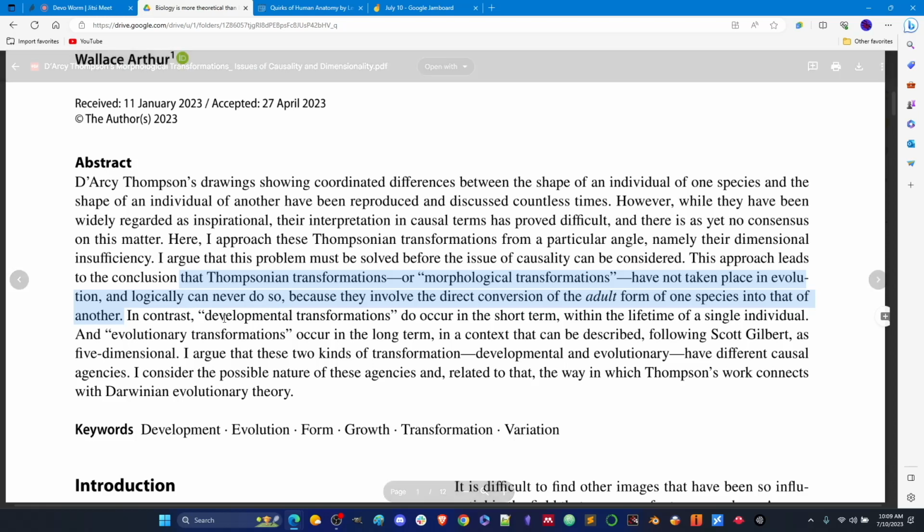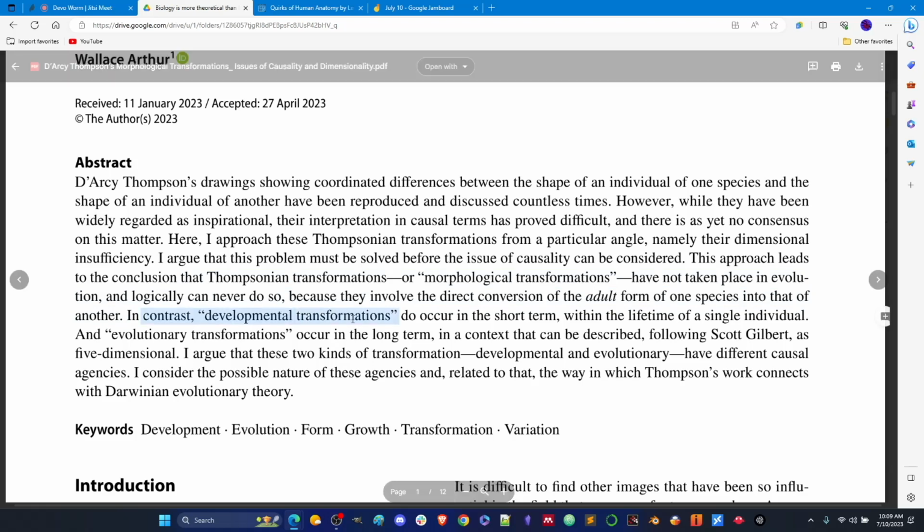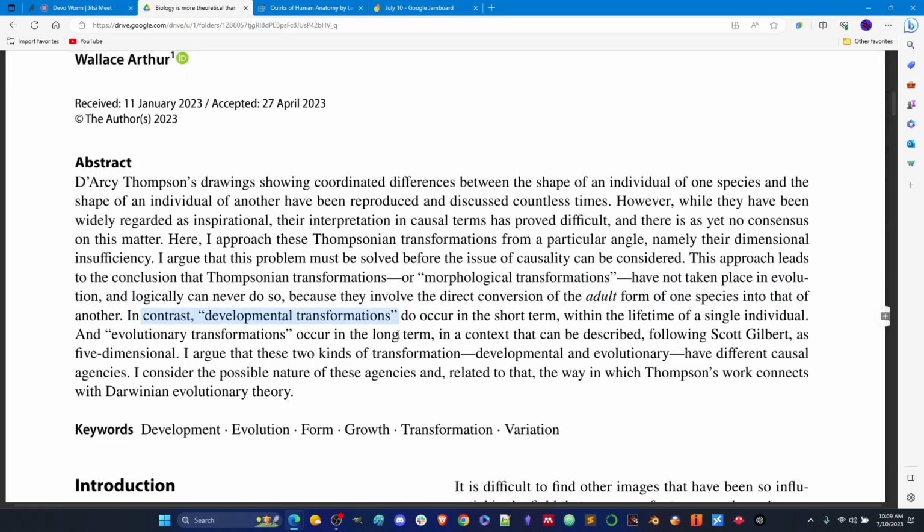So what he does here is he talks about developmental transformations, which are also important, and they would actually involve the phenotype developing along a certain trajectory. And that's really the whole business of EvoDevo, is to explain, like, if you have adult forms that are variable, and especially a trait that's variable, how that gets there in development, or what the developmental mechanisms are underlying that.